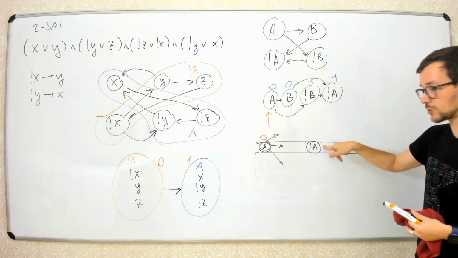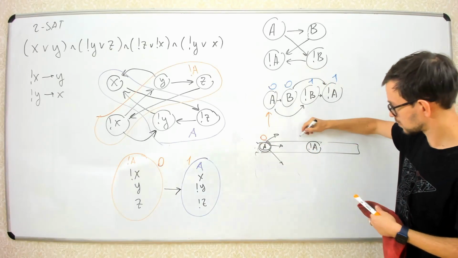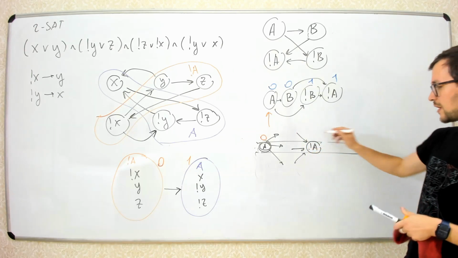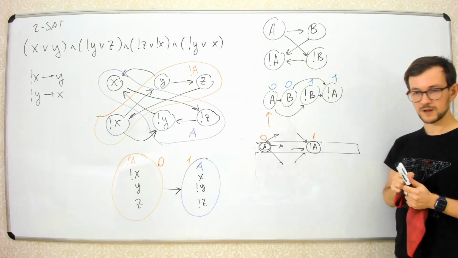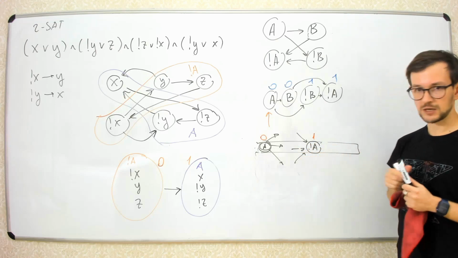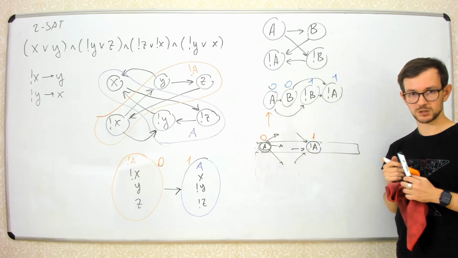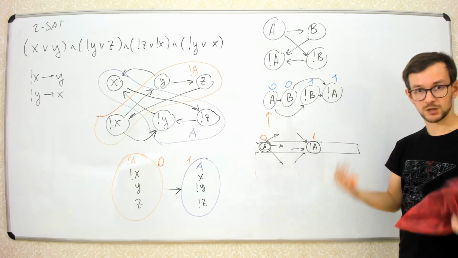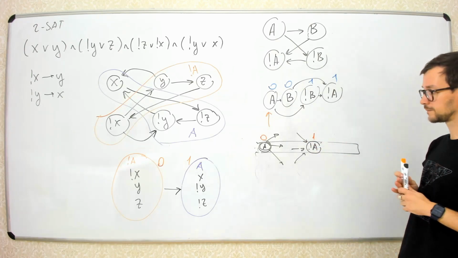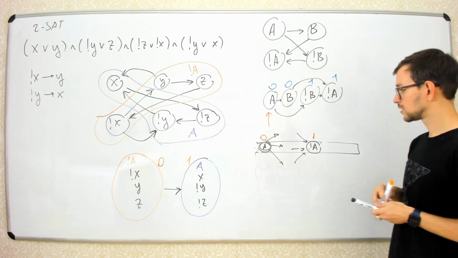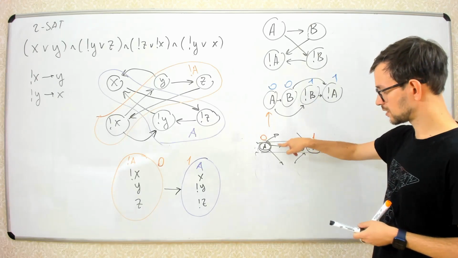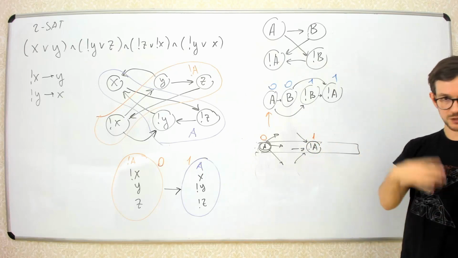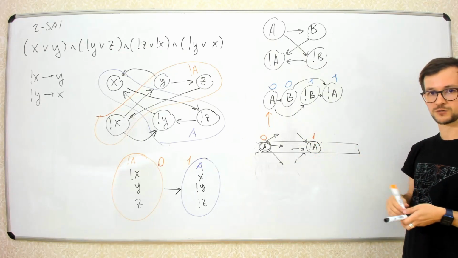Now, since this not A has only ingoing edges, if you put value 1 here, then all these implications will be satisfied, because you can imply 1 from anything. That's all. So all these are satisfied. Now we just remove this A and continue the same process.